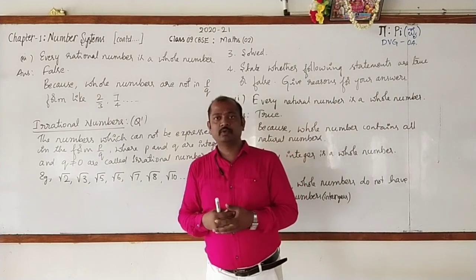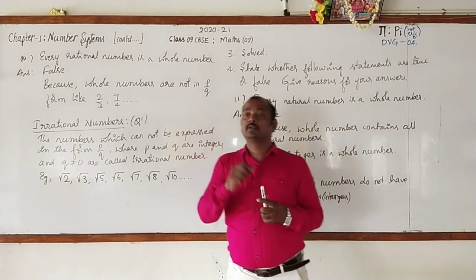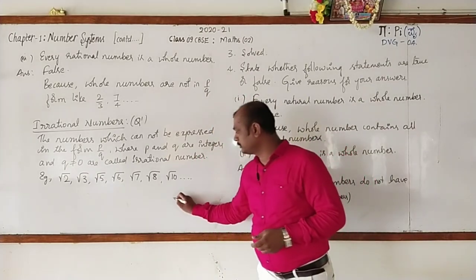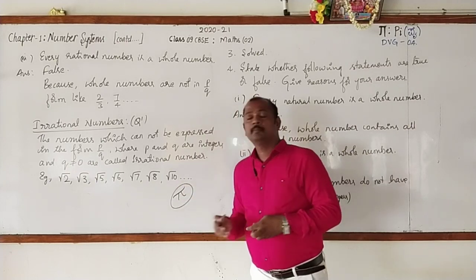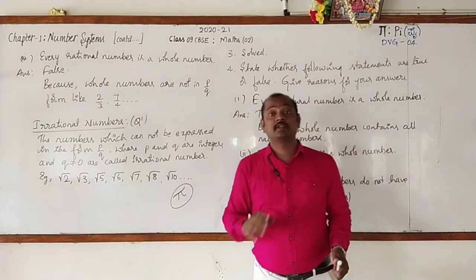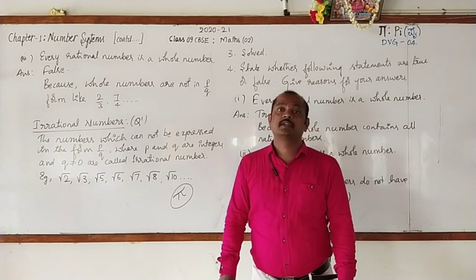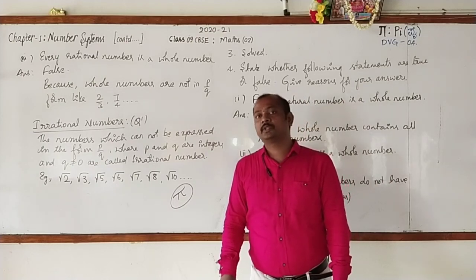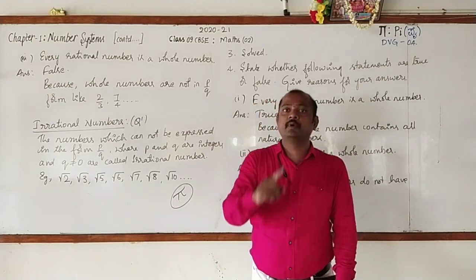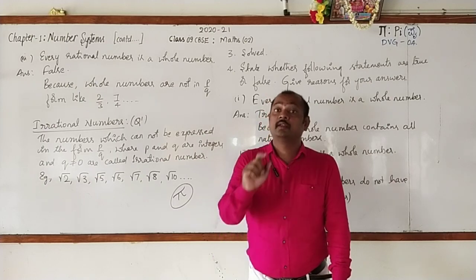Similarly, we have some more information about one of the symbols, that is pi. Pi is also an irrational number. It was proved by two great mathematicians. One is Lambert and another one is Legendre.